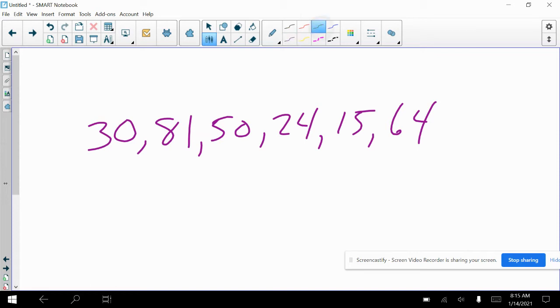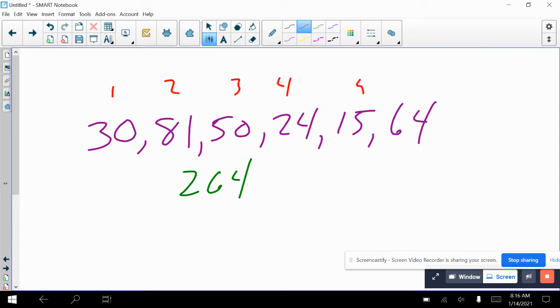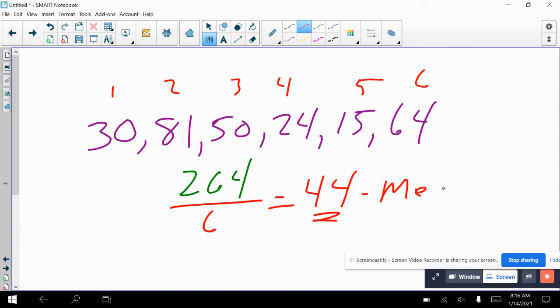If we add them all up, 264. 1, 2, 3, 4, 5, 6. Now, you don't have to put the numbers above. I'm just showing you that we have 6 numbers in our data set. That's the only reason I'm doing that. If we divide by 6, then we have a mean. The average is 44 of all of those numbers.